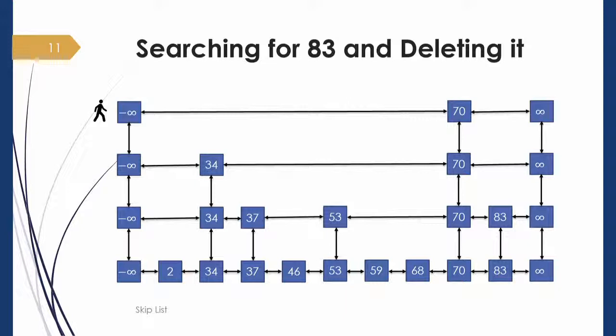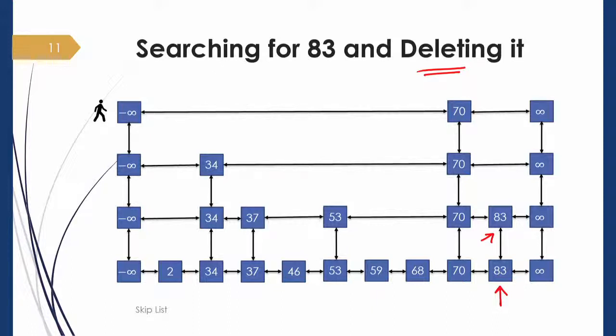Well, how about the next operation that we might be interested in, deleting an element? Let's think about how to delete the element 83, for which we first need to search for that element. So, we perform our search until we arrive at 83. In fact, we might have arrived at 83 over here, but then from there we can come down.